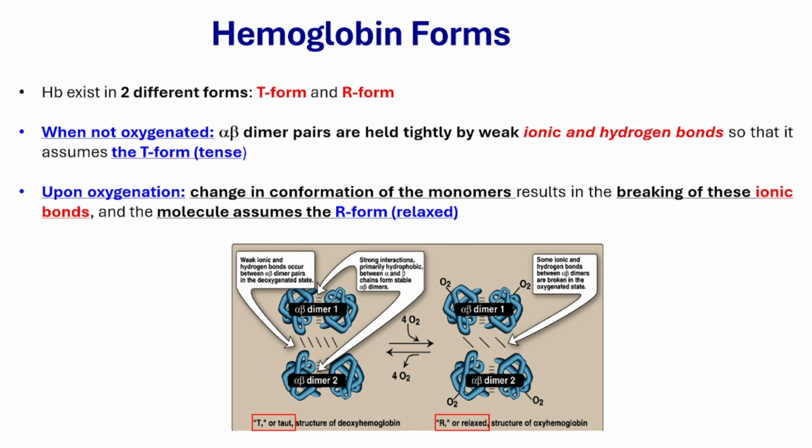T for taut, R for relaxed. The T form, or taut form, is the hemoglobin without any oxygen attached to it. However, the R form is the oxygenated hemoglobin carrying the 4 molecules of oxygen. Is it clear? Okay.